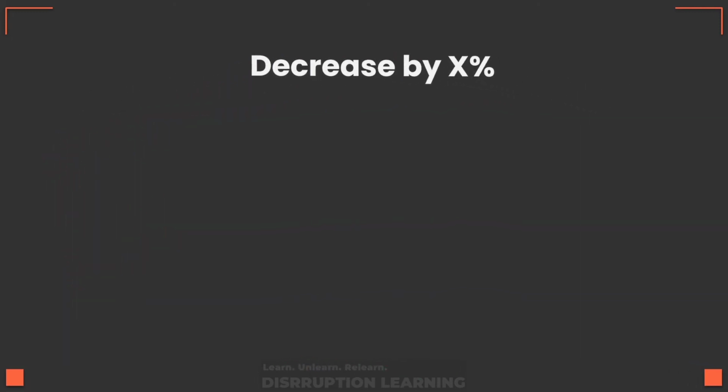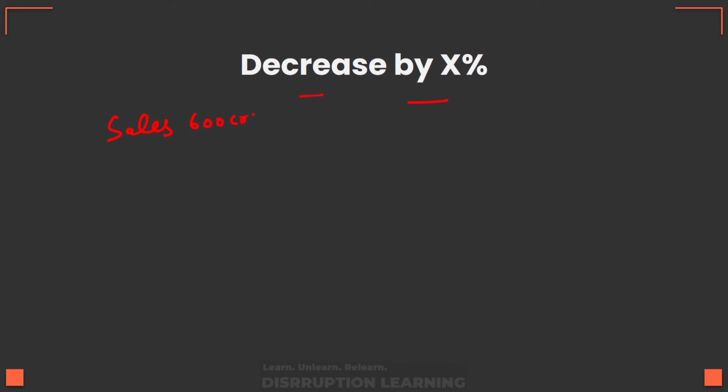Now, the quite opposite of the previous application is decrease by x%. For this, let's assume that a company had sales of 600 crores in a year. In the next year, its sales decrease by 15%. So how do you find the sales amount in the next year?